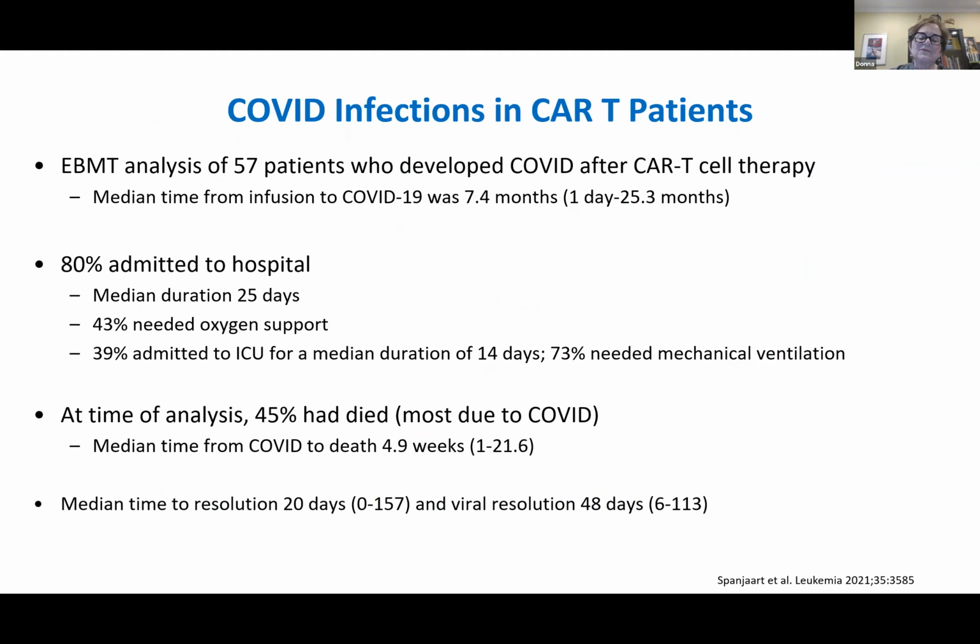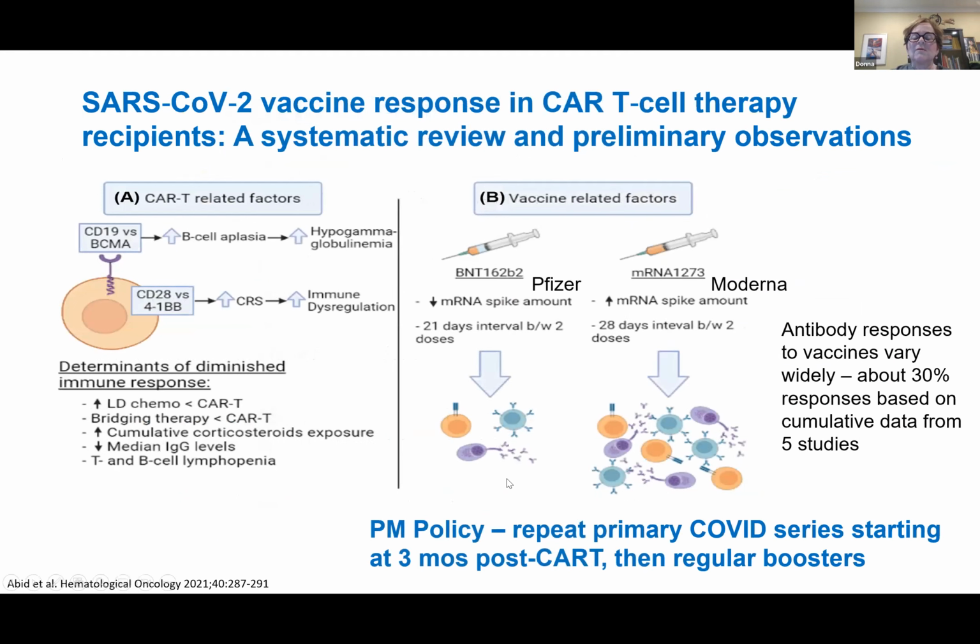I'll just mention that COVID can be a huge problem in CAR T patients, with a very high mortality rate. So we are very keen to repeat the primary COVID vaccine series starting 3 months post-transplant. Not everyone will respond, but we want to do due diligence to protect our patients.